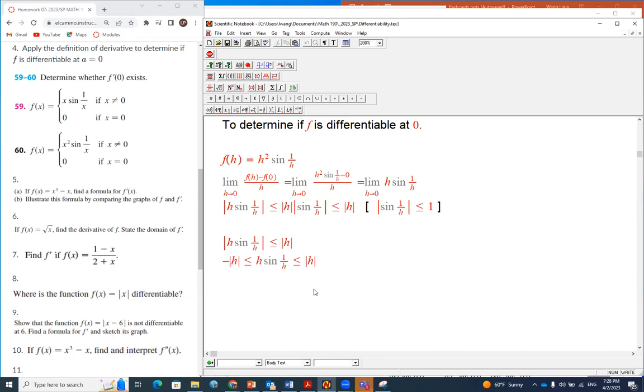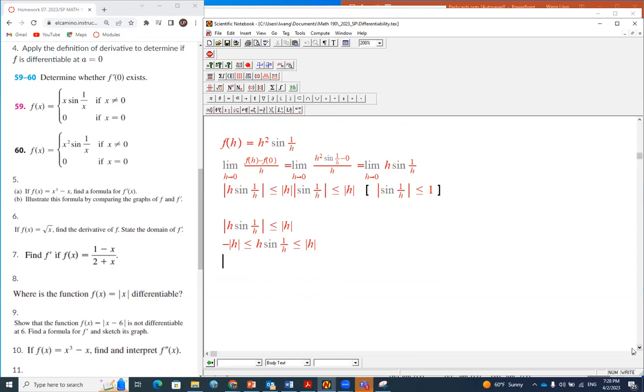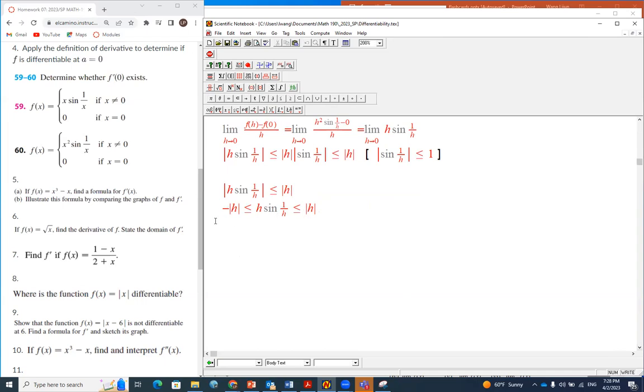So by this time, we have constructed two functions, one above and one below. And the limit as h approaches 0 of the absolute value of h is 0.